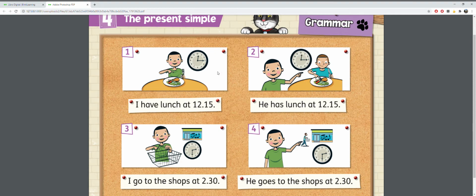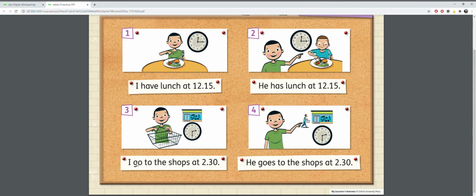Then we have number 3, I go to the shop at 2:30, or he goes to the shop at 2:30. So this is the routine. It's very simple. We have the pronoun, the auxiliary, the verb, the pronoun, the verb, and also the complement.